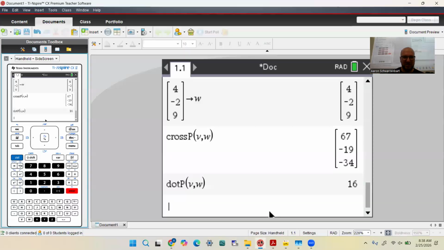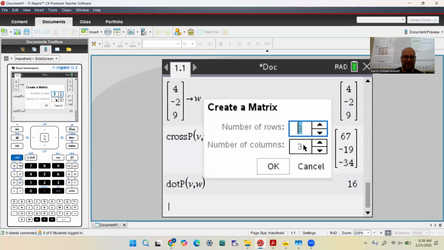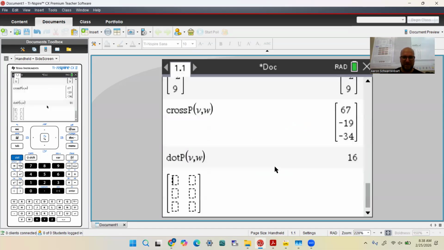So doing it on a calculator. You have to enter it as a matrix. So you make a 3x2 matrix. You enter your data.